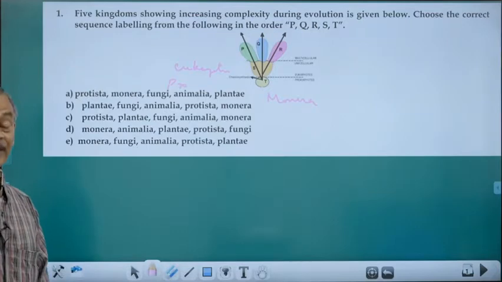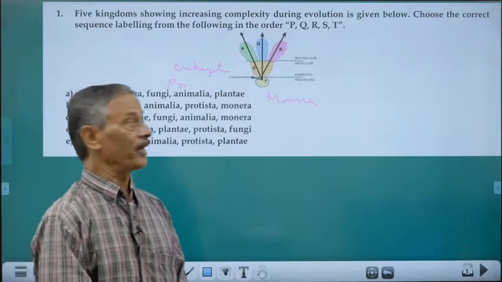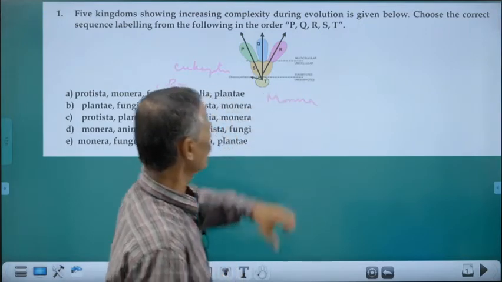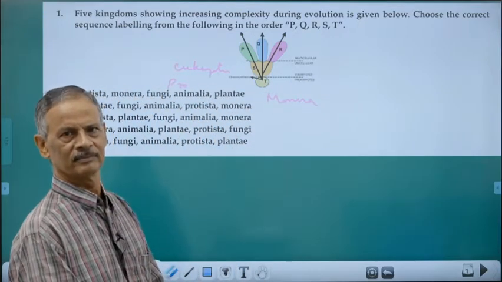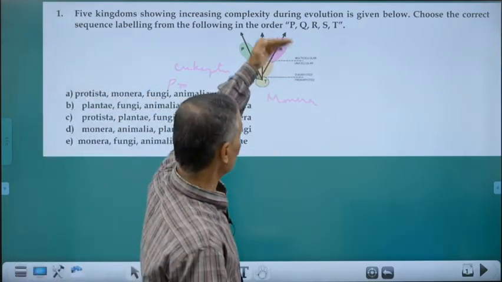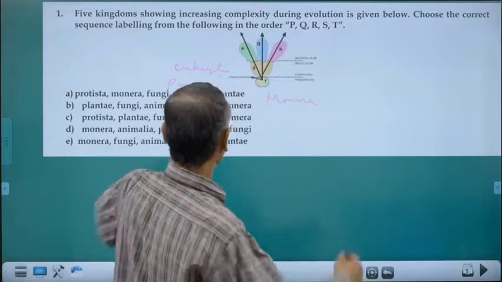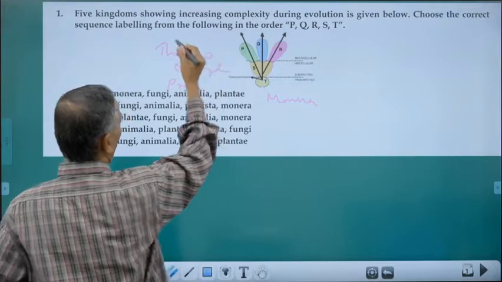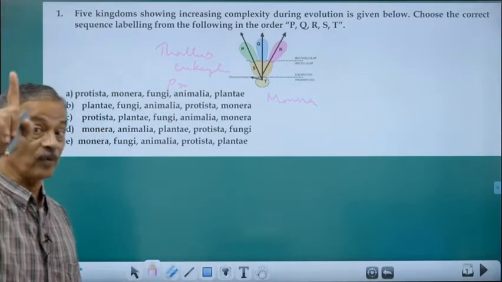Now, among eukaryotic, what is the thallus organization? How the body is made, whether it is made up of a single cell.